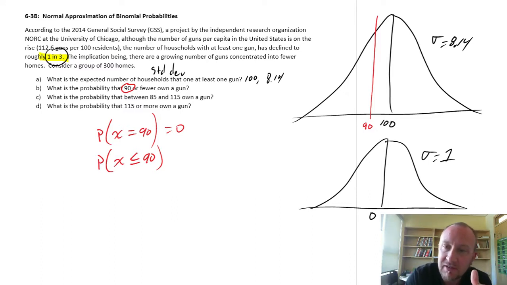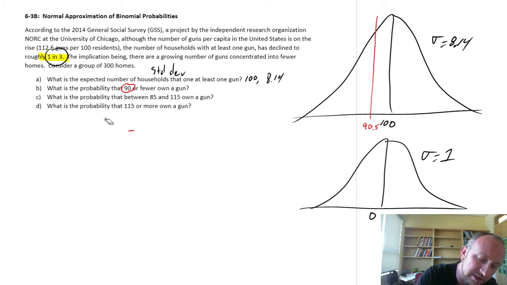For that reason, we include the correction factor, and we'll add 0.5 to that 90. That way, when we calculate our probability, it will be a fair approximation of the binomial probability. So all we need to do is look up the probability that x is less than or equal to 90.5.